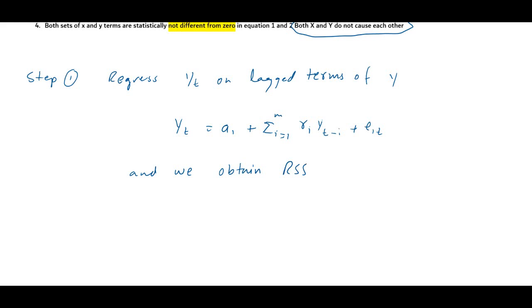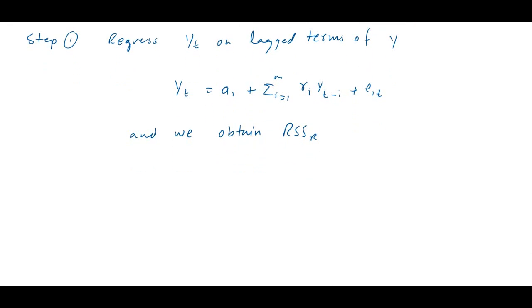Then in the next step, we call this residual sum of square the restricted one. We have a restriction, we have removed all the other variables.